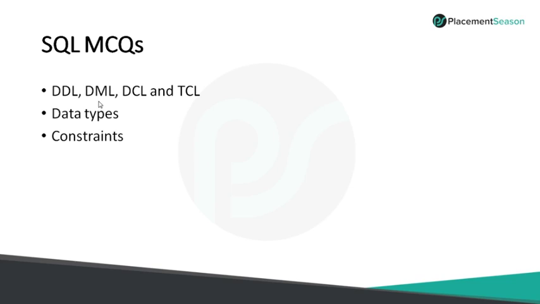Again, you can get two types of questions. One is a direct statement question and another is predicting the output. They will give a table followed by a select query, and you have to write the output for that query. These are the two major areas, OOPS and SQL, with 10 questions from each area.